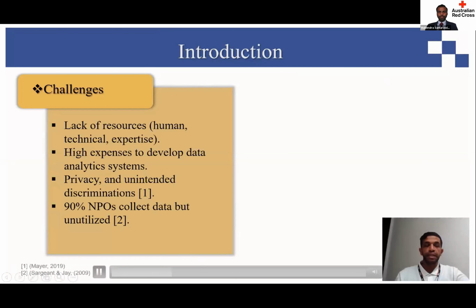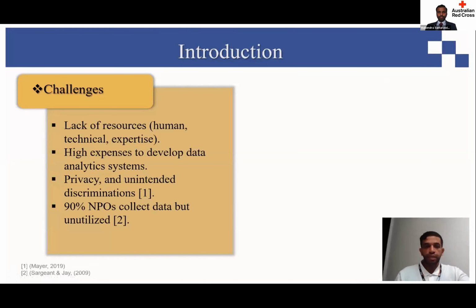Also, there are high expenses to develop data analytics systems to analyze donors' behaviors, and privacy and unintended discrimination as reported in the literature.